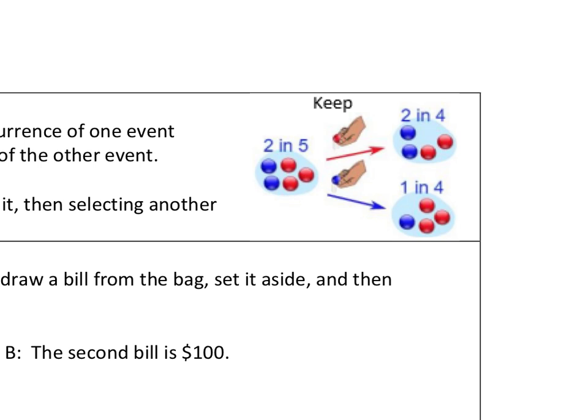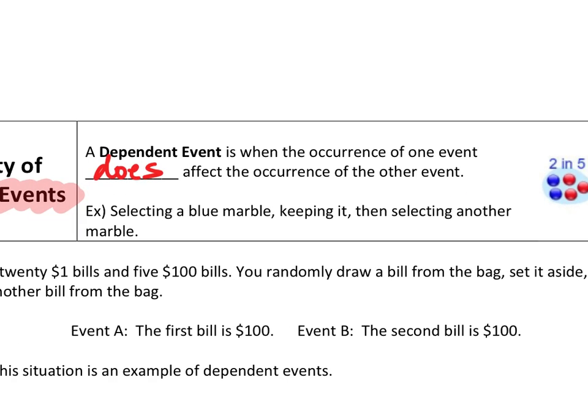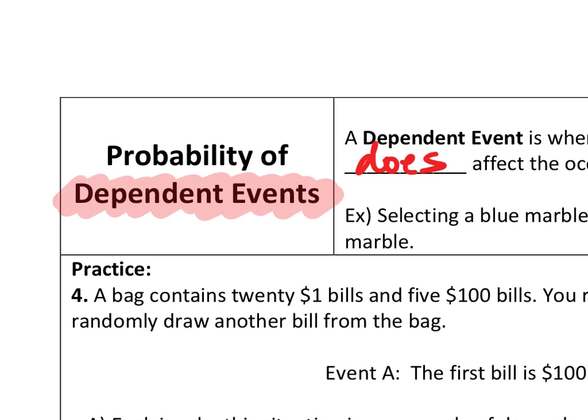We pick one out, and without putting it back, we pick another one. Do you see how the total number of marbles in my hand has changed before I select the second one? That means that it is a dependent event because the first one affects the second one. So our key words for ourselves here is we're going to say without replacement. If you keep one of the items that you selected, or the first event definitely affects the second, that is a dependent set of events.